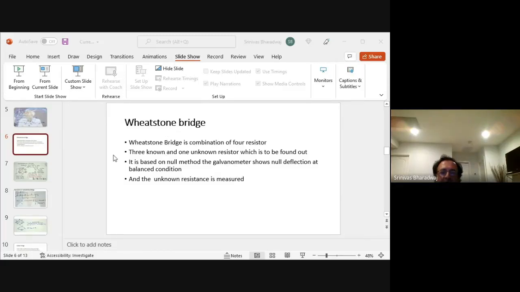R prime is the resistance of the length of AB. So V divided by this whole thing equals 0. And when that happens, it means that the other two parts are balanced.